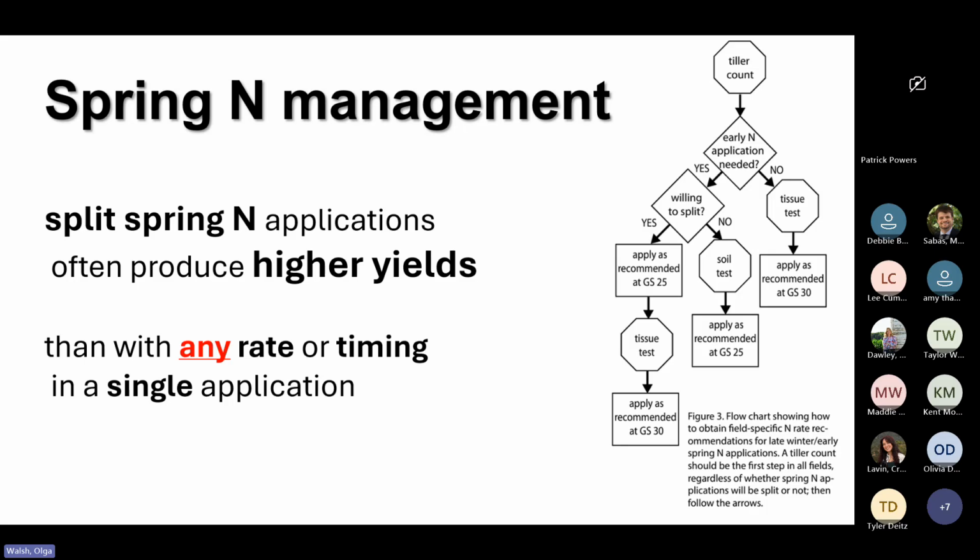And there's a diagram that shows, based on tiller count early in spring, whether nitrogen fertilizer is needed or not. And then, depending on the grower situation, whether they're willing to invest in splitting the fertilizer, they can do a soil test, or even a tissue test to determine the amount of nitrogen needed.